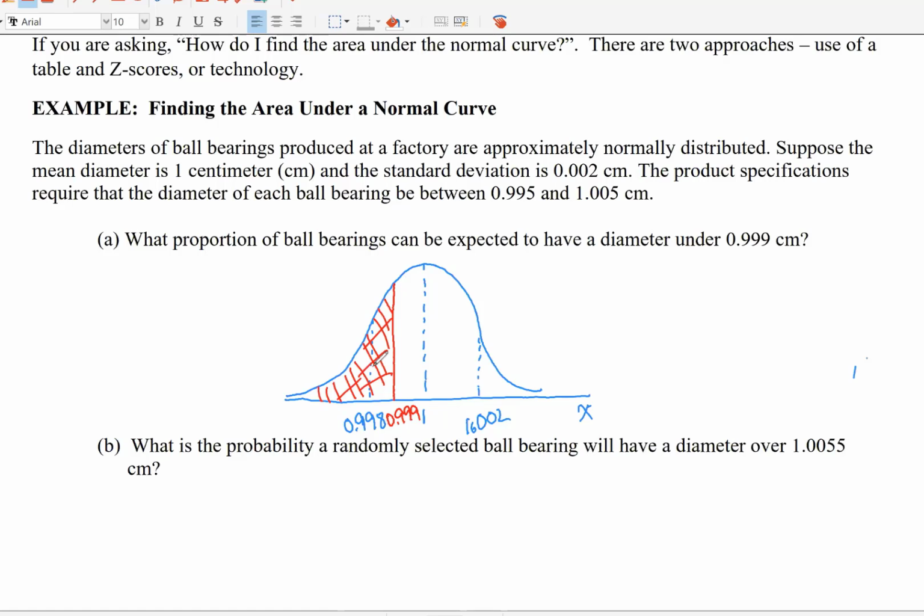So that includes everything to the left? Yeah, because we want to know under, meaning less than. Okay, so all of it then. Yeah, that whole area. So the question becomes, how do I find that area? To find that area, I have to go to StatCrunch.